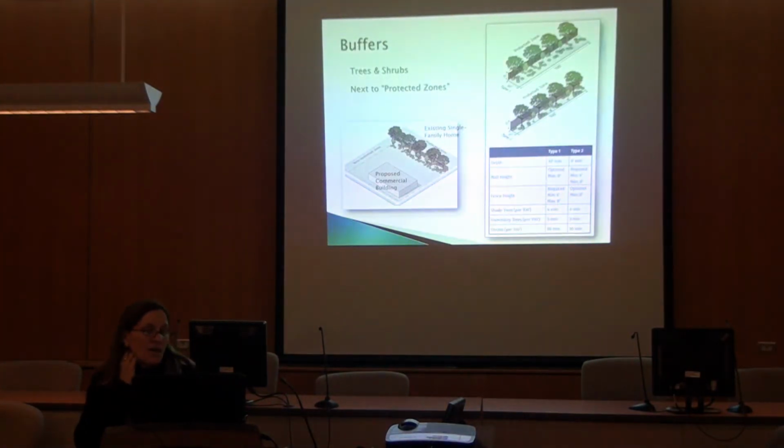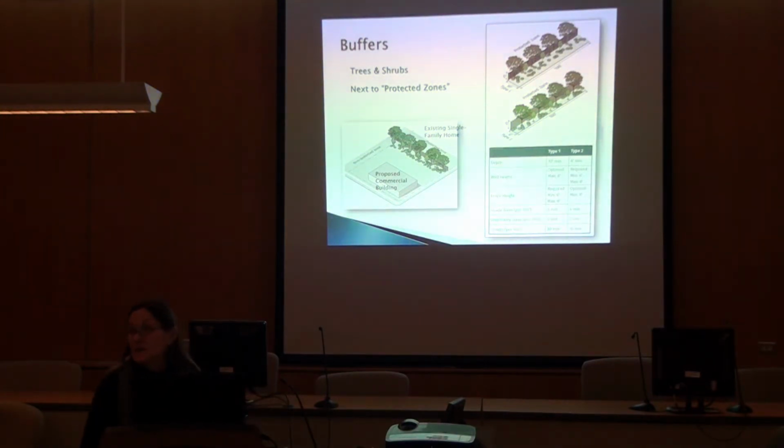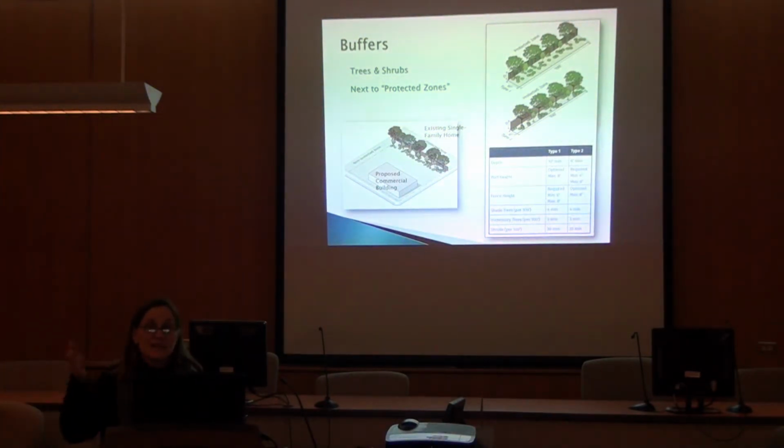Also, going back to some of those conflicts between residential areas and commercial areas, if you're building a new commercial building, like you see right here, and maybe there's an existing single-family home right next to you, we're going to ask you to put a landscape buffer between the two.